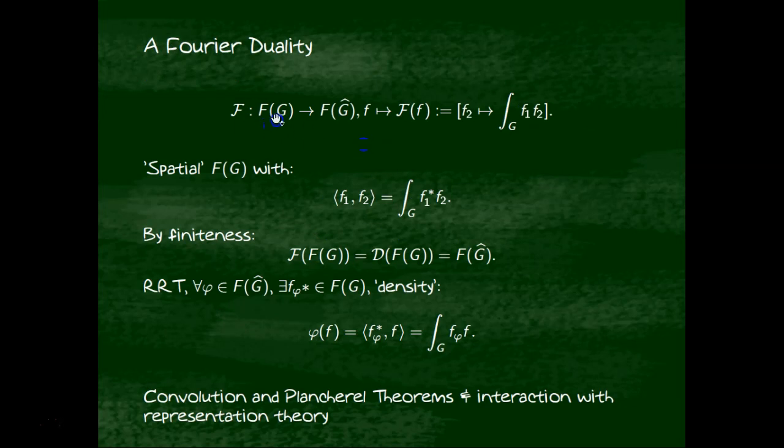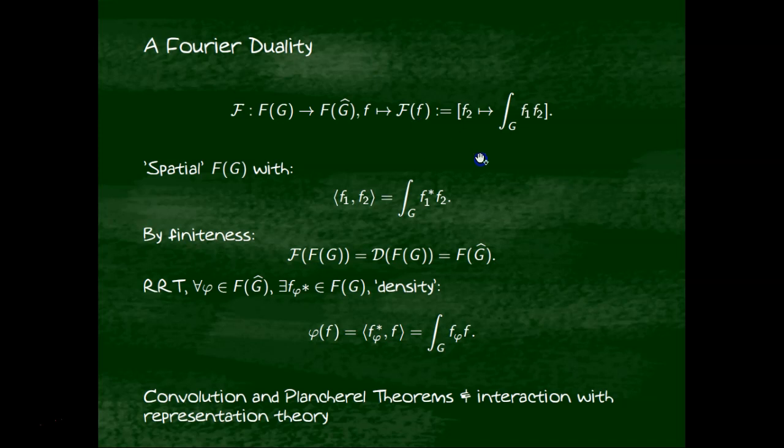One thing is you can turn a function into a functional with this little Fourier transform. How do you turn it into a functional? Take a different function, multiply and integrate. This is a function, this is a complex number, and this is how you turn a function into a functional.